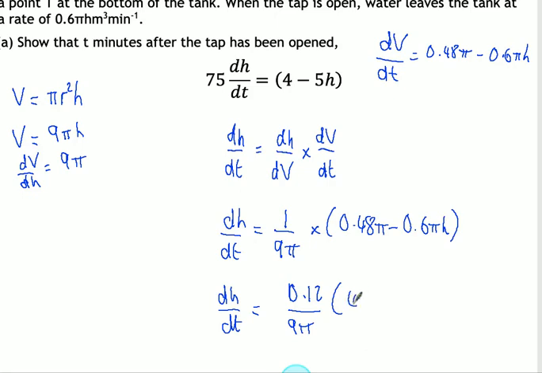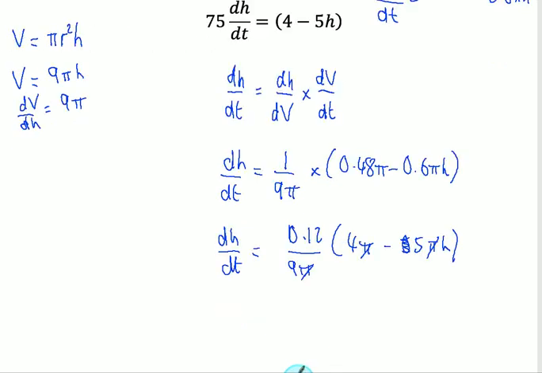So that's going to be 4 pi subtract 5 pi h. But also look, we've got this pi that will cancel out. So then we've definitely got our 4 subtract 5h, which is a really good start.